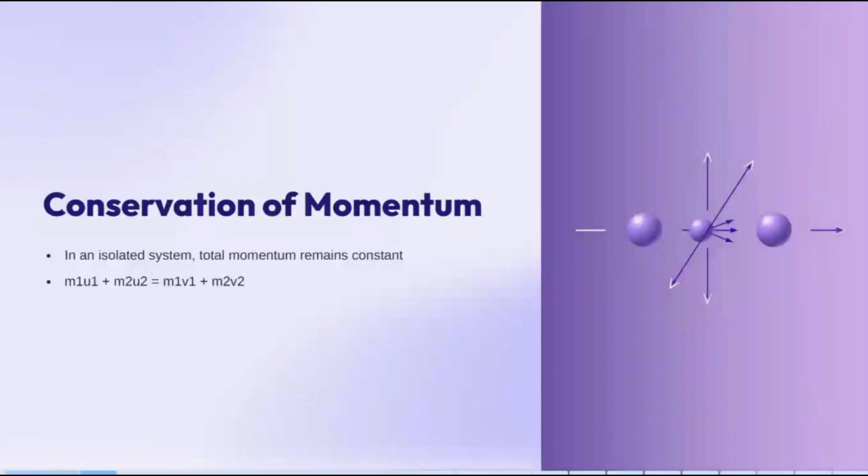So let's assume person A has a momentum of 10 kilogram meters per second, and another person B is moving at a momentum of 20 kilogram meters per second.